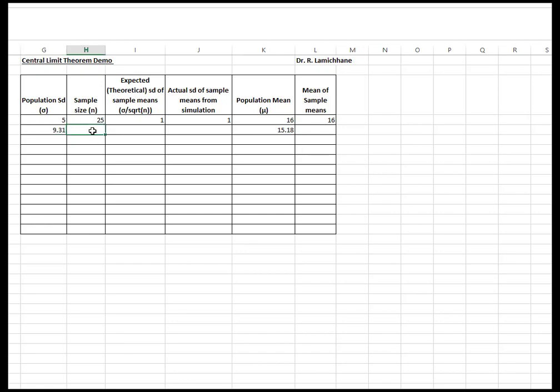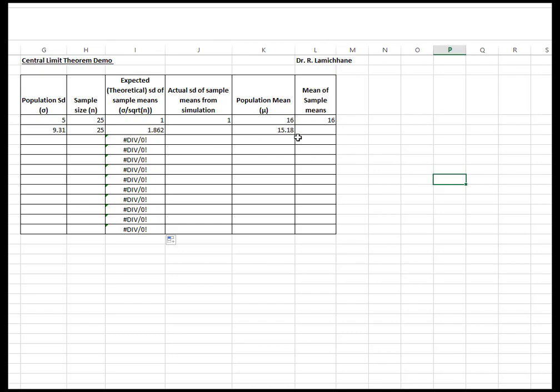And I'm planning to take the same sample size of 25. If I take this, then my expected standard deviation based on the central limit theorem should be equal to 1.862. Now let's see whether I get 1.862 or not.